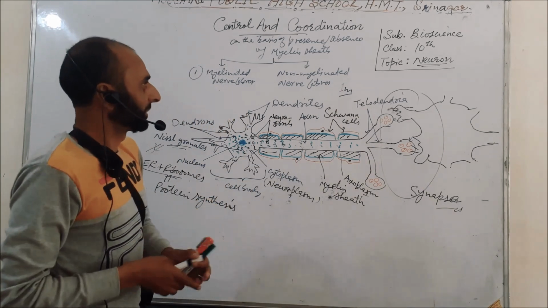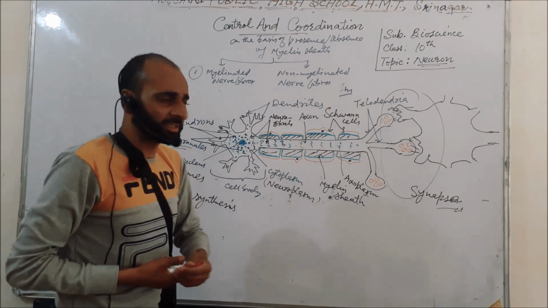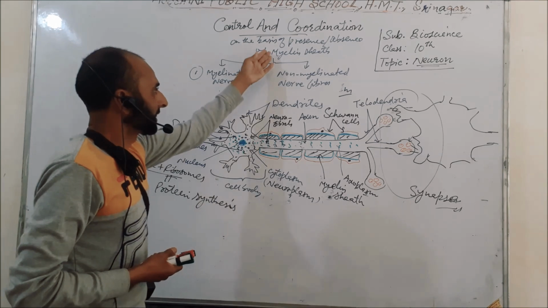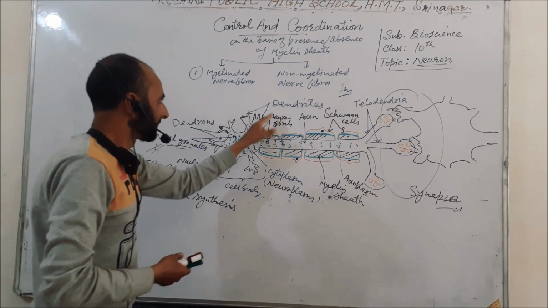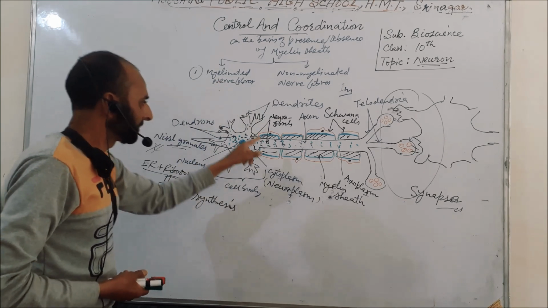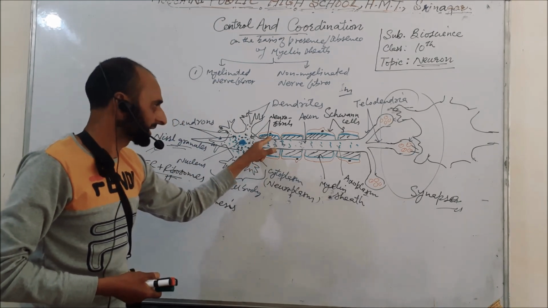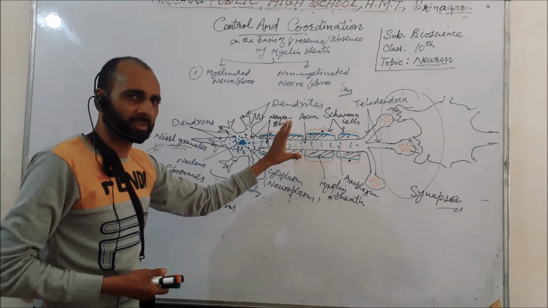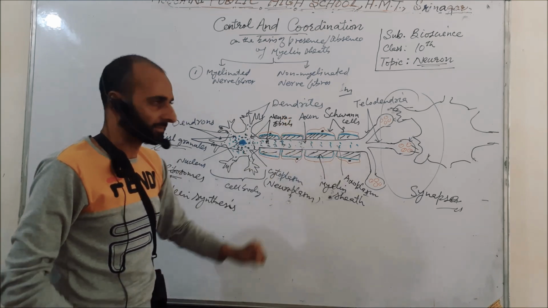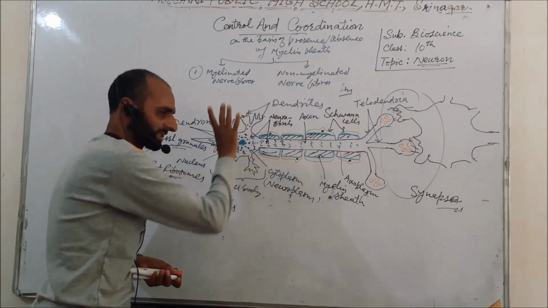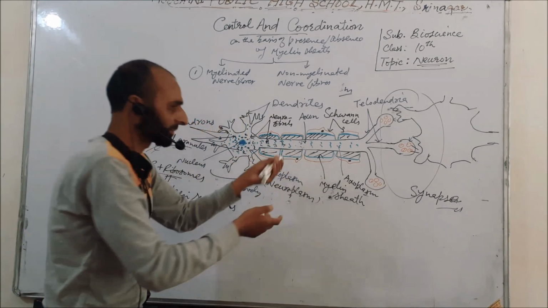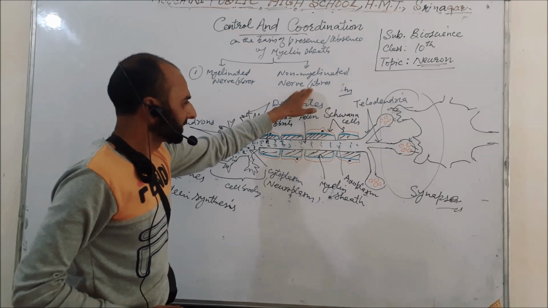Okay, so on the basis of presence or absence of myelin sheath, the neurons may be myelinated or non-myelinated. Now, in myelinated nerve fibers, the myelin sheath is present, which is formed by the Schwann cells present over this axon. In non-myelinated fibers, axons are also present. Axons are present definitely.